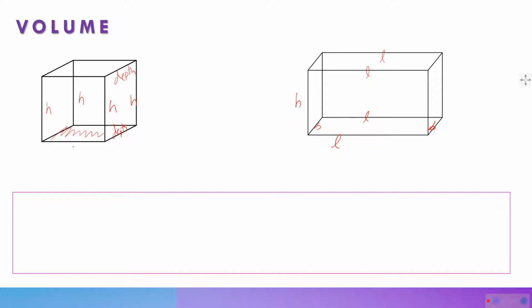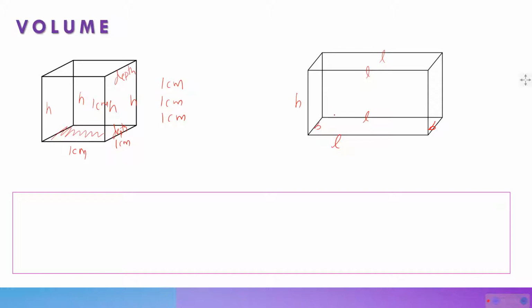Consider this particular cube has a side of 1 centimeter. In that case, it will take 1 centimeter length, 1 centimeter breadth or depth, and 1 centimeter height. So 3 times, it will take 1 into 1 into 1, right?